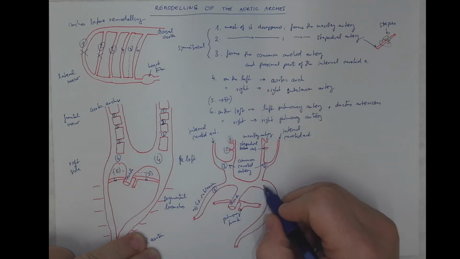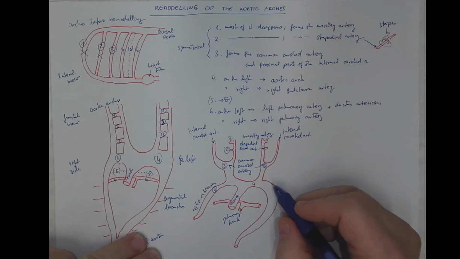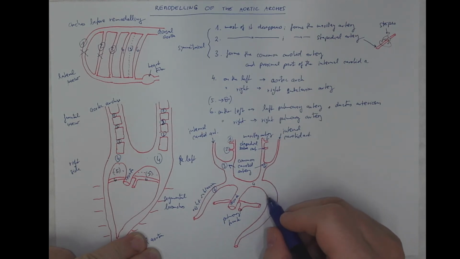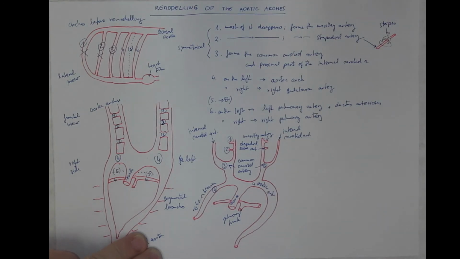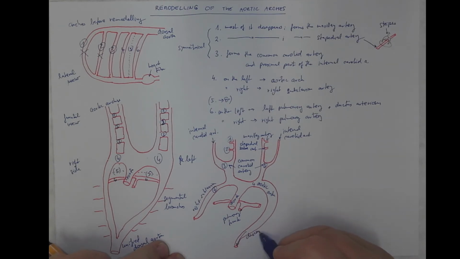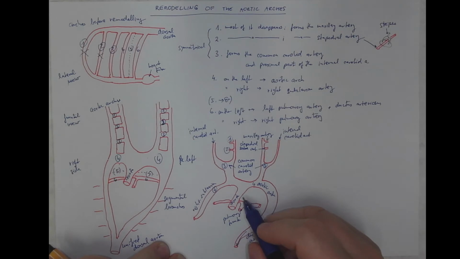On the left side, the fourth turns to be the arcus aortae, the aortic arch. And this is already the descending aorta. And this will be the originally sixth arch.